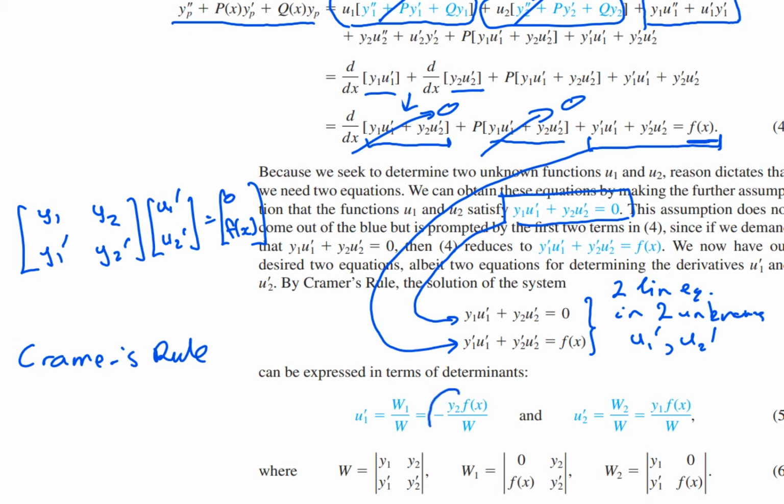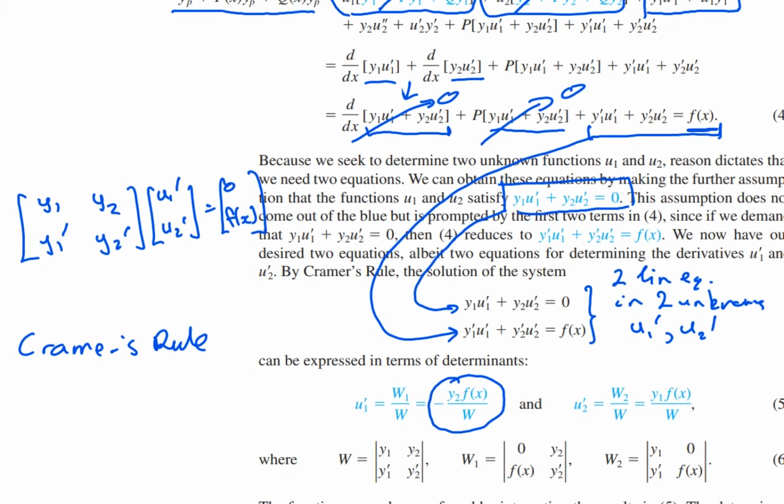u1 prime is minus y2 times f of x, which was your right-hand side of your differential equation, divided by W. Now we've met this guy W before. That's the Wronskian of y1 and y2. So W is y1 y2 prime minus y1 prime y2. And we know it's non-zero because y1 and y2 form a fundamental solution set.